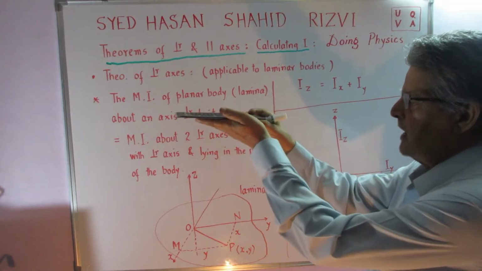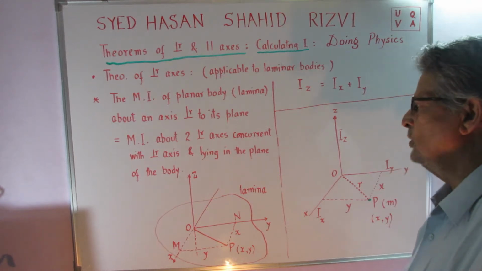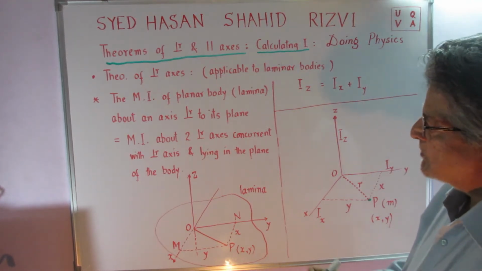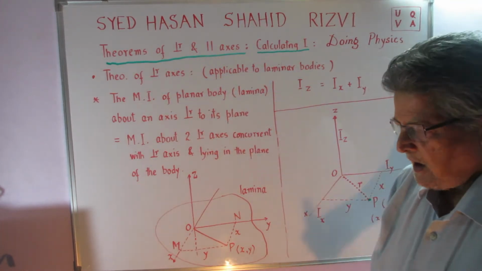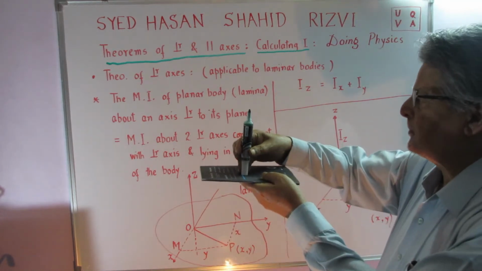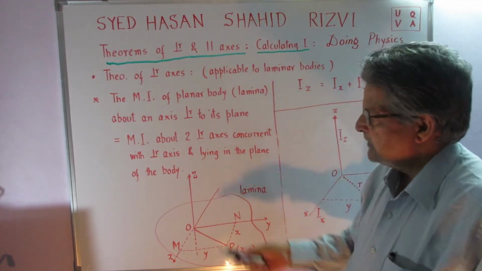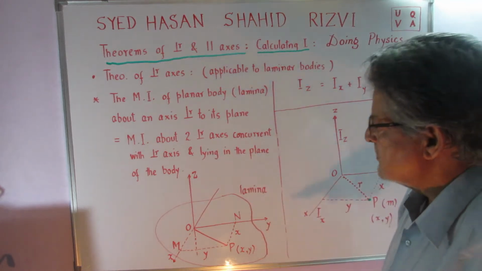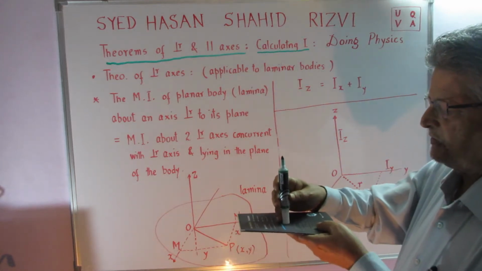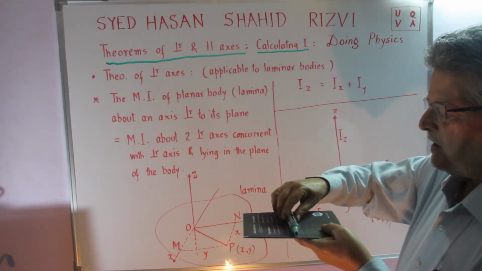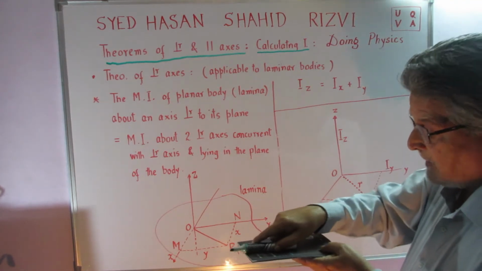There is a lamina, and for such bodies we will introduce this theorem, which says that the moment of inertia of a planar body or lamina about an axis perpendicular to its plane, the axis has to be perpendicular to its plane, is equal to the sum of the moment of inertia of two axes concurrent with the perpendicular axis. This is the perpendicular axis, and suppose I know the moment of inertia about this axis in the plane and another perpendicular to the same axis.